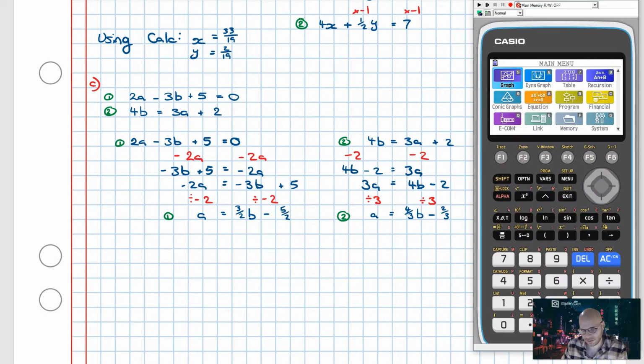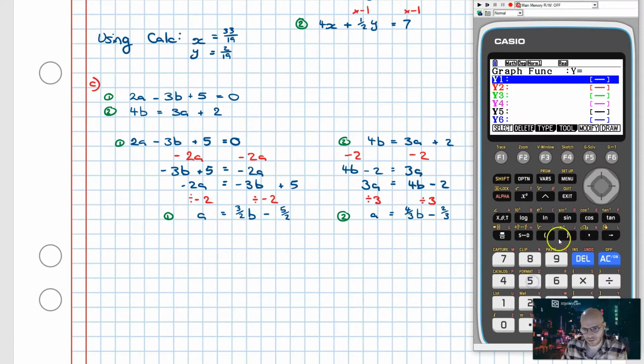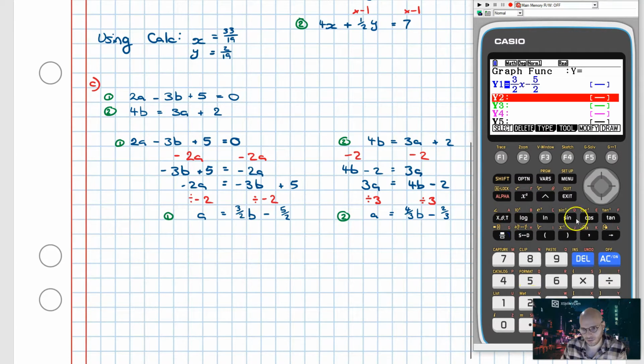Throwing this in the calculator, we'll go to 5. First one is 3 divided by 2, x minus 5 divided by 2. Then the second equation is 4 over 3, x minus 2 over 3.